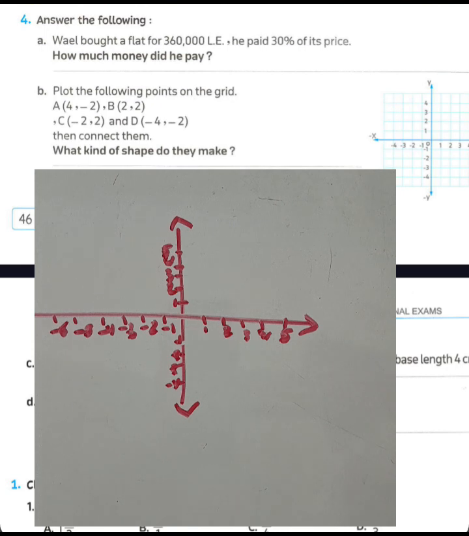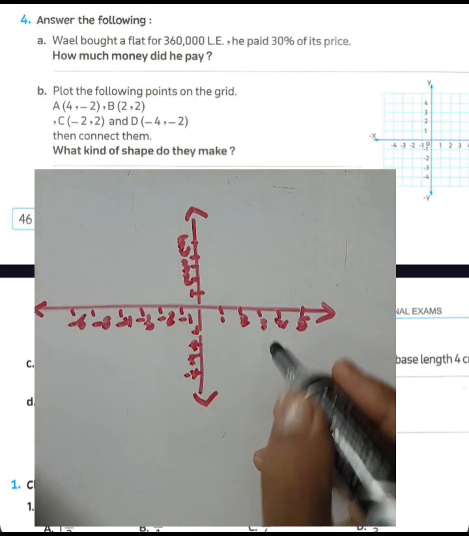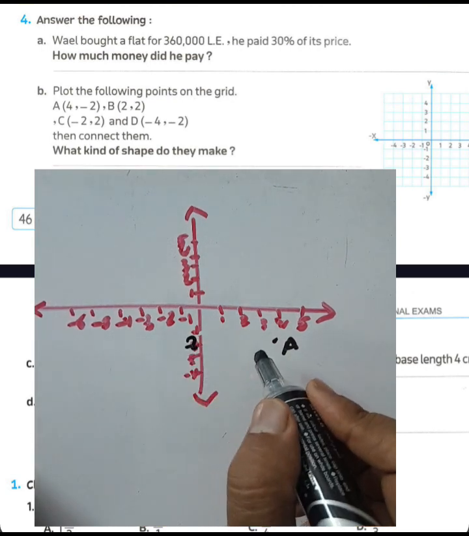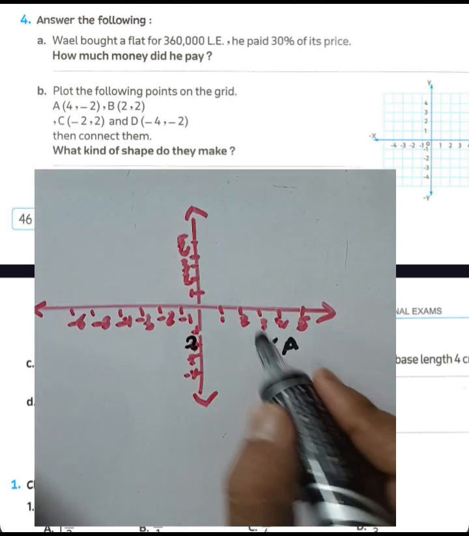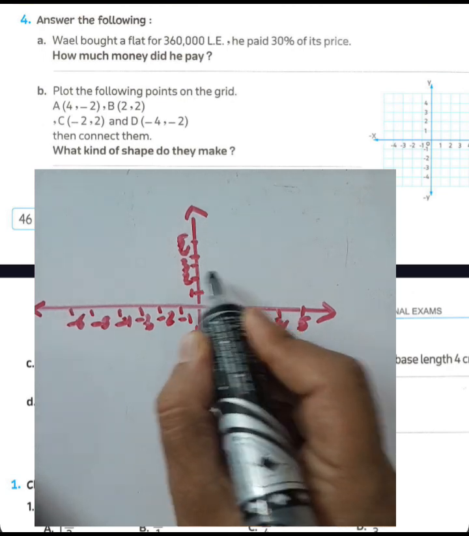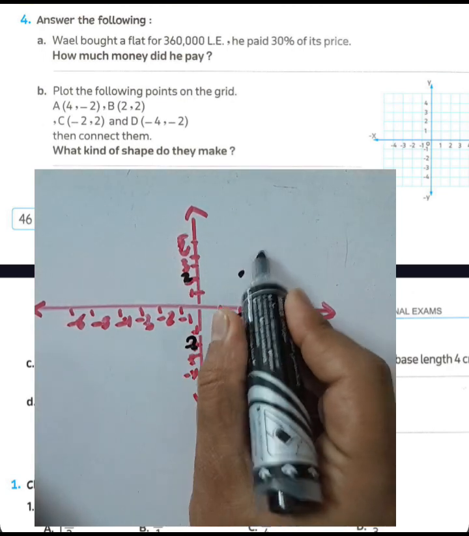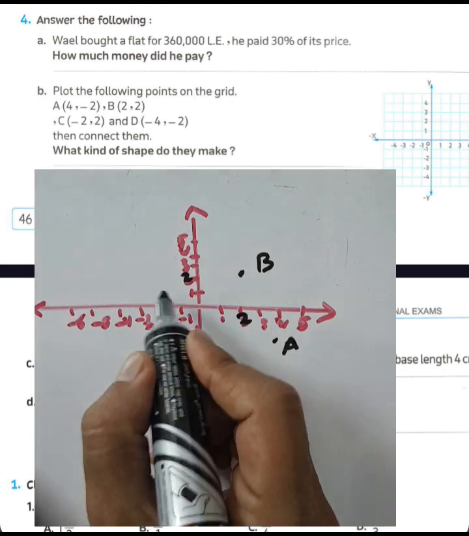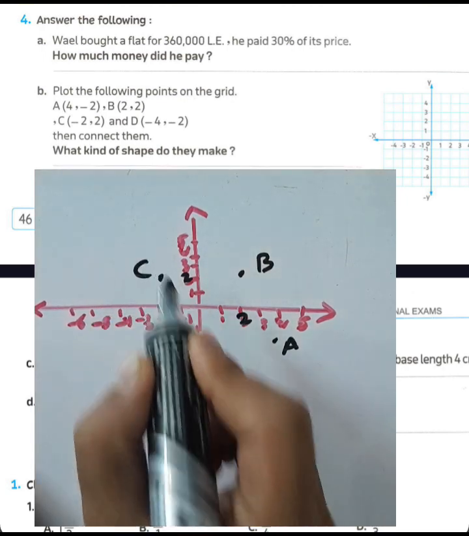Put the first point A, 4 and negative 2, here. Point B, 2 and 2, put a point. And C, negative 2 and 2, it's point C here.